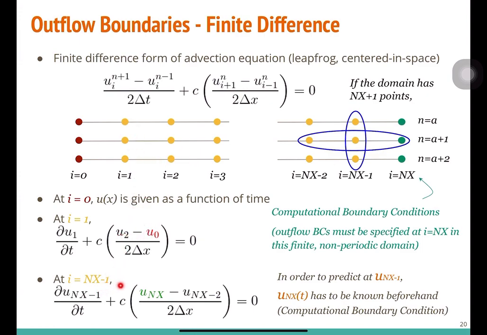And then at the second last column here, the values at the outflow boundary will determine the second last column. Which means that in order to predict the values in here, we need to know the values in here before we do any kind of calculation.